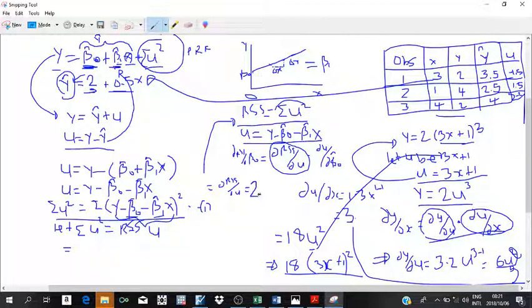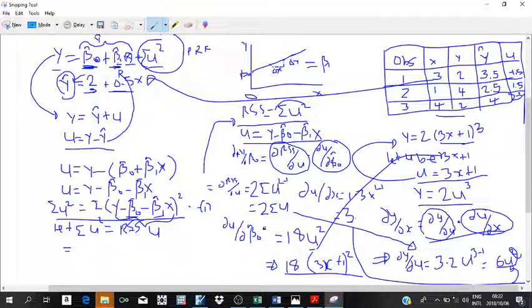So we have 2 summation of u to the power 2 minus 1, which is equal to 2 summation of u. This is the first part. Now let's go to the second part, which is du with respect to beta hat naught.